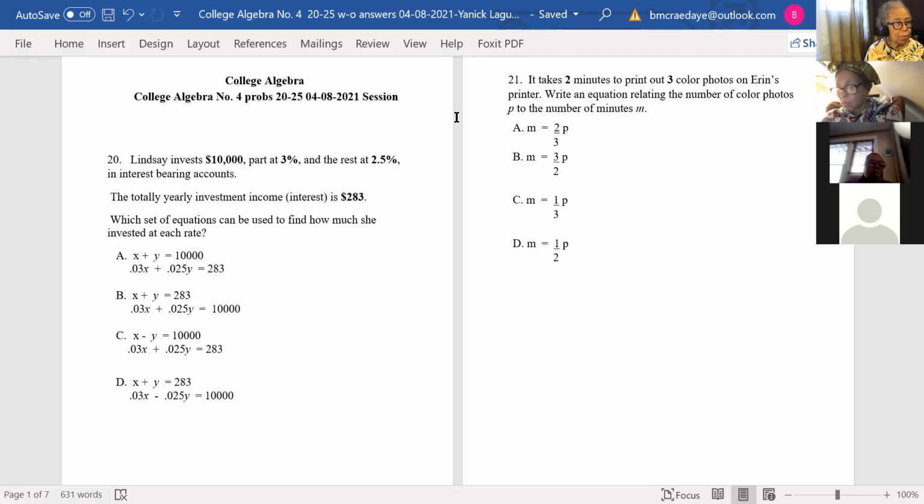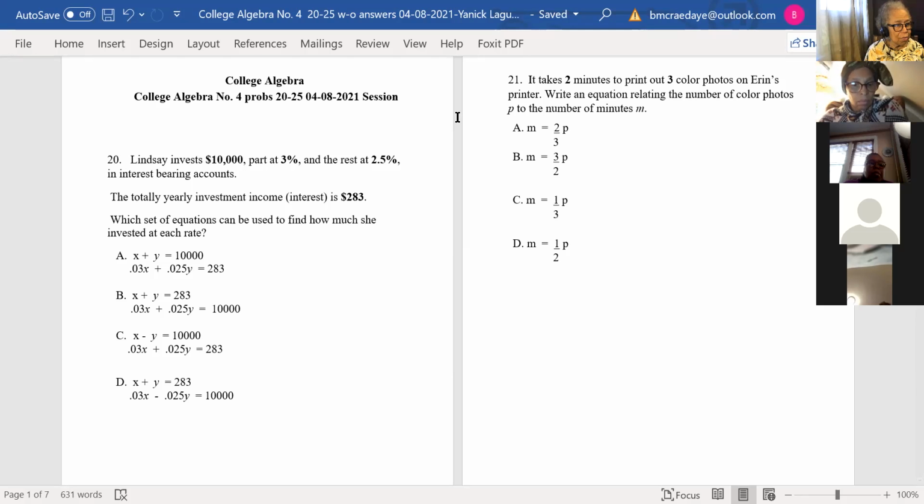Now, Maureen, read number 20. Lindsay invests $10,000, part at 3%, and the rest at 2.5% in an interest-bearing account. The total yearly investment interest is $283.